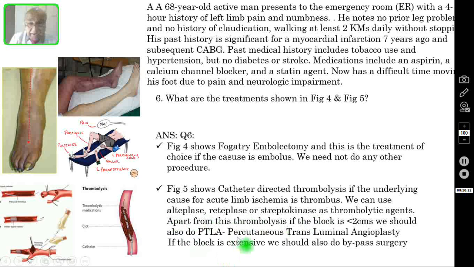Apart from this thrombolysis, if the block is less than 2 centimeter, we should also do PTA, that is percutaneous transluminal angioplasty. Suppose the block is extensive, say more than 4 centimeter, then apart from the thrombolysis, we should also do bypass surgery.